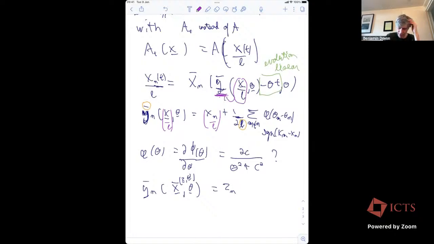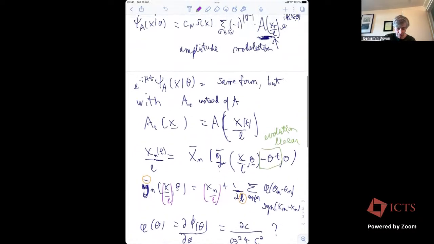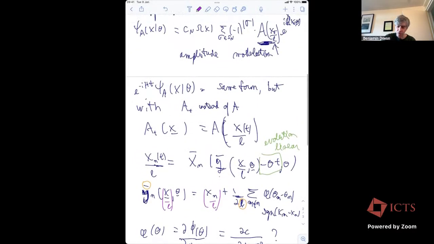You evolve them with this, and then you map back to scale coordinates x, and this is your time evolution. In other words, time evolution is linear after the mapping to the y, after contraction. That's the idea.